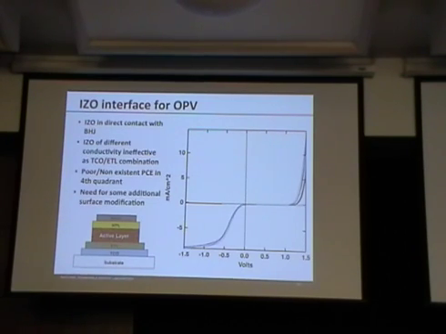And so if all of the things in the world were equal, you'd think it should work the way zinc oxide works as an ETL in an inverted solar cell. But this is data from AJ that clearly shows you that it doesn't work like an inverted solar cell based on zinc oxide. And so the question would be, why is this?